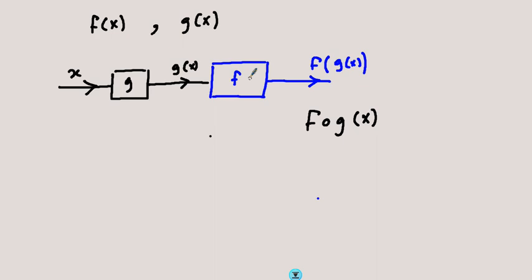This is the idea of composite functions. Let's look at certain applications in the realm of mathematics. Let's say that g of x was 5x plus 1, and that f of x was x squared minus 3.